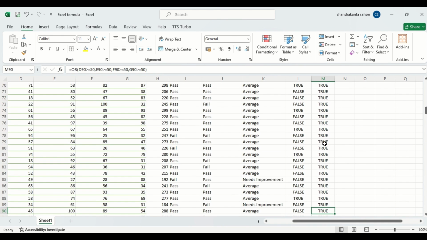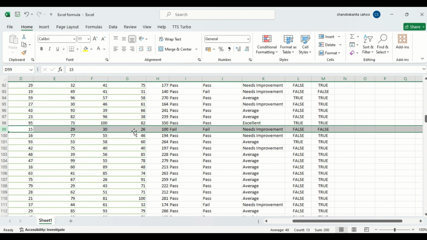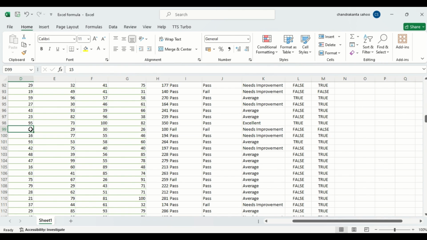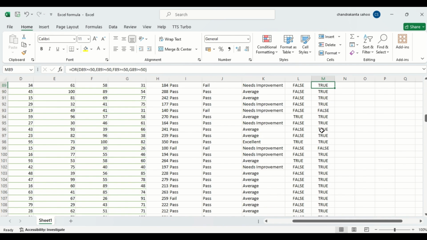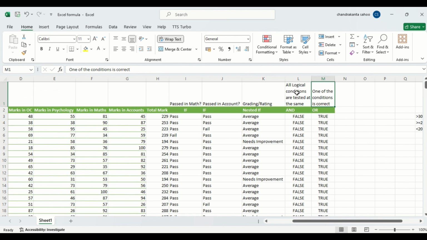What does it mean? Here you see, needs improvement. In this case, there is a false. The candidate has scored 15, 29, 30 and 26. These values are less than 50. Therefore, it is written as false. Basically, in the case of AND, we have a series of logical conditions that we are testing.